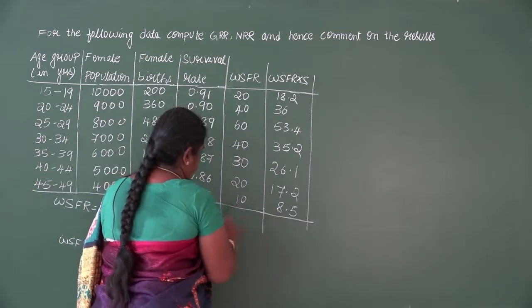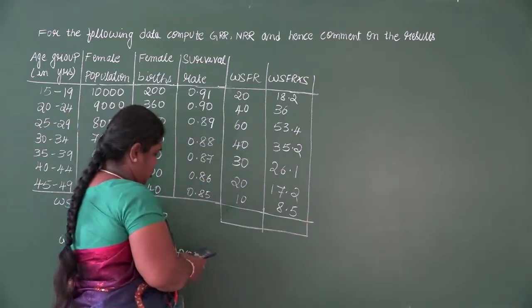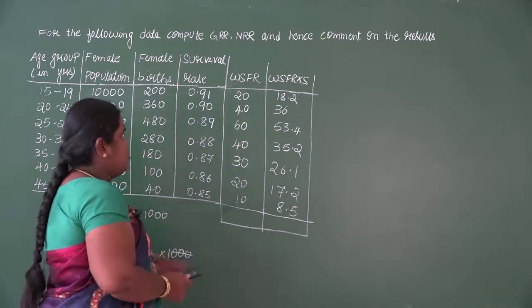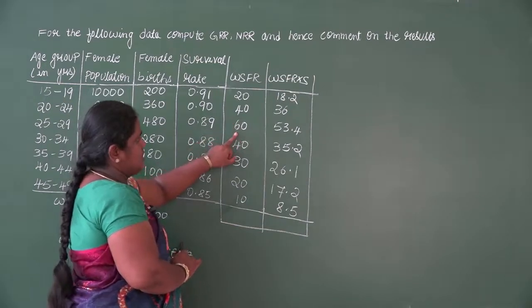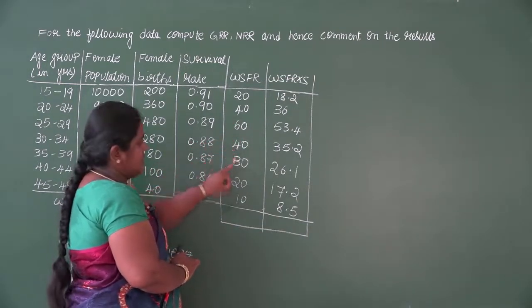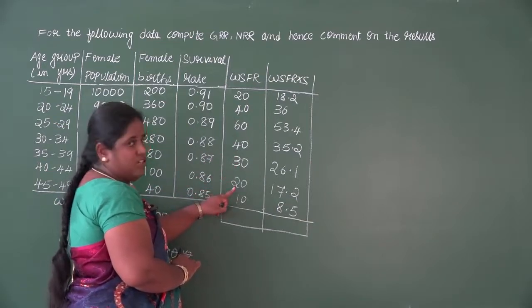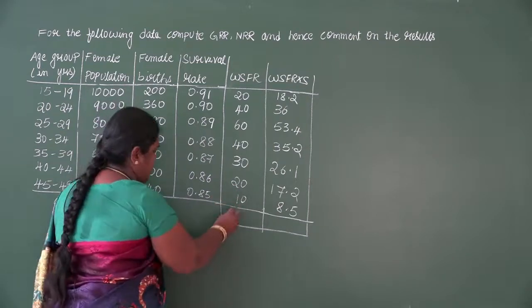So we have to add the total of WSFR and the total of WSFR into S. So add this, 20 plus 40 it is 60, 60 plus 60 120, plus 40 160, plus 30 190, plus 20 210, plus 10 220.